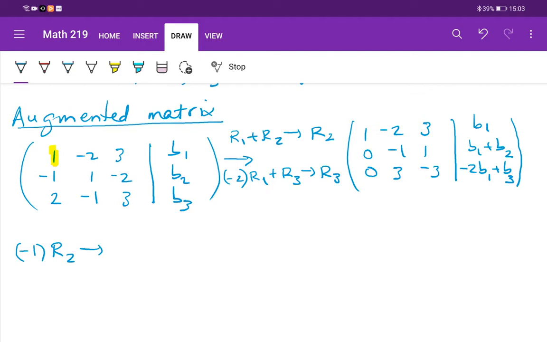It should be fairly clear what one does. So we multiply the second row by -1, and we get our leading one in the second row. So this is -1, this doesn't change, this becomes -b1 minus b2, and the last row remains.